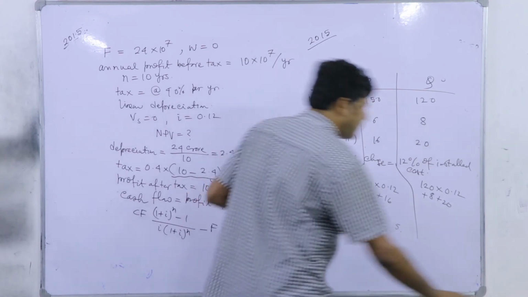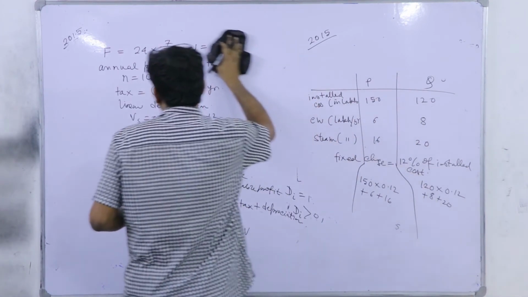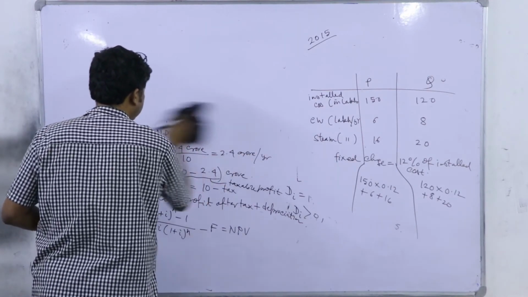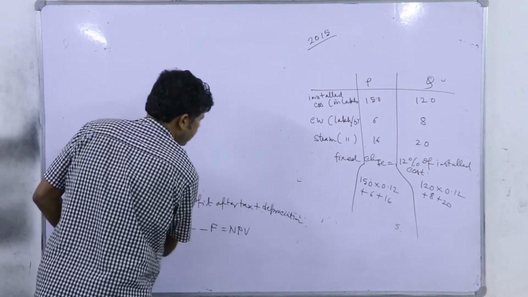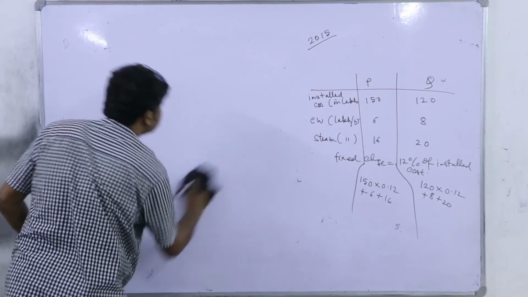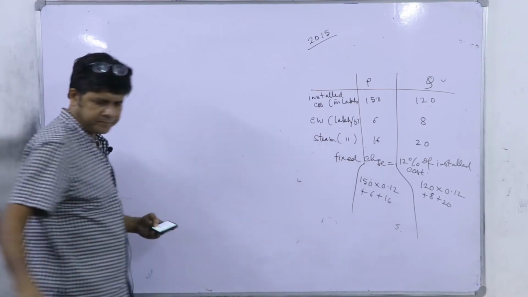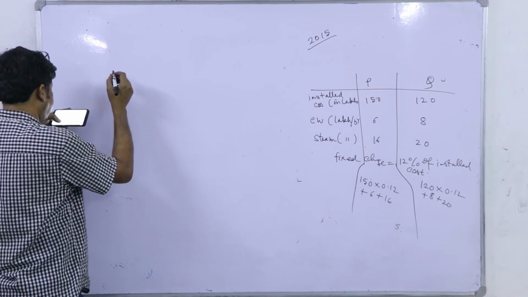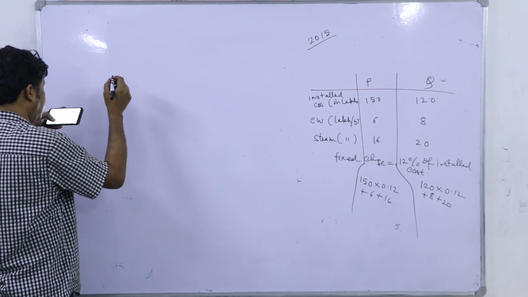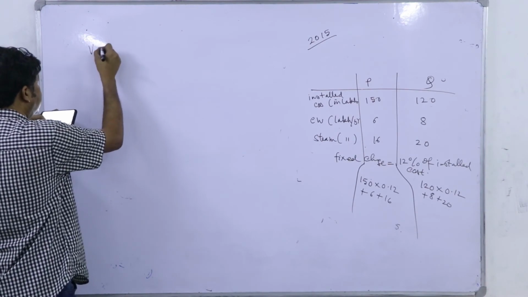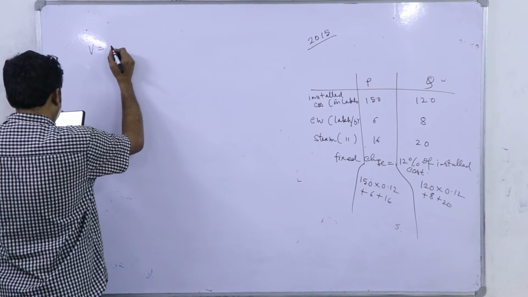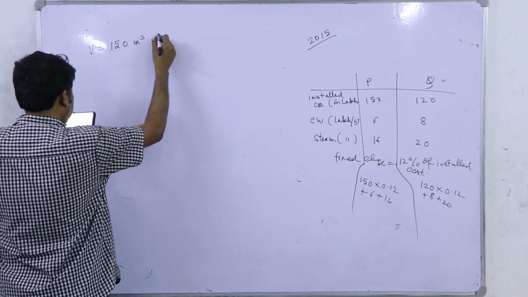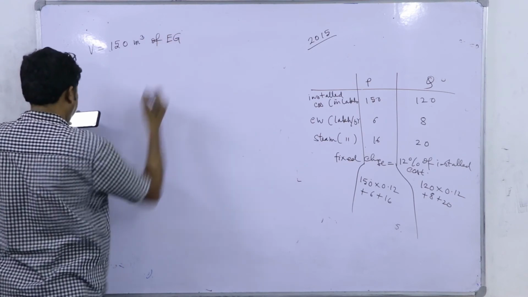Okay. The next problem. A vertical cylindrical tank with flat roof and bottom is constructed for storing 150 meter cube of ethylene glycol.